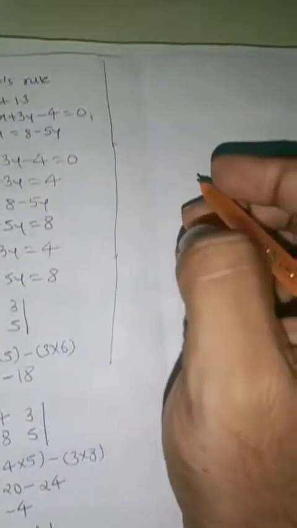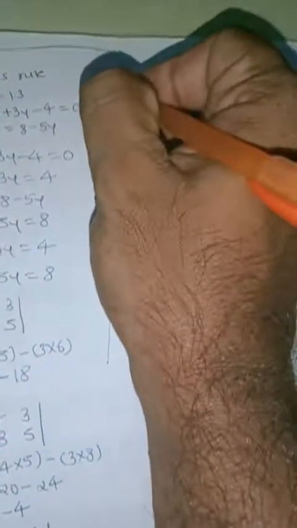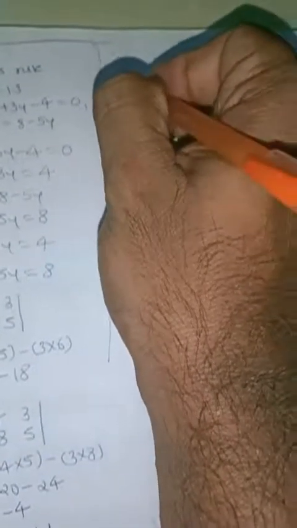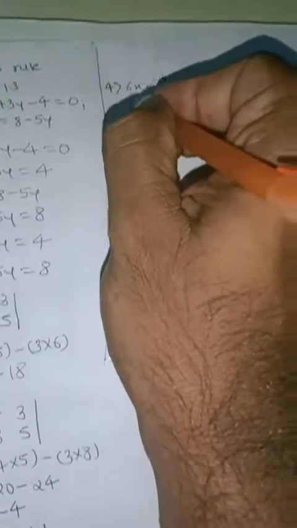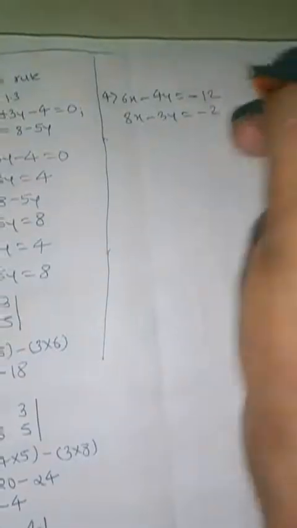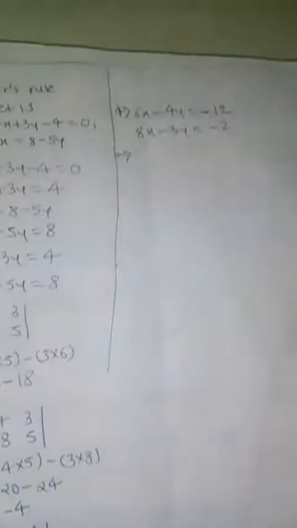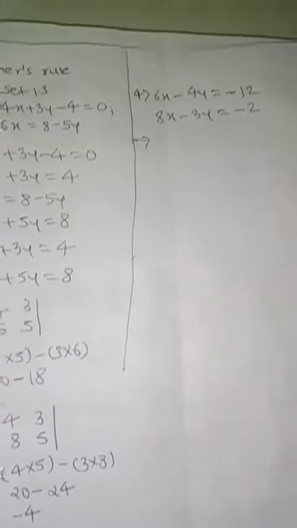Now take problem number 4. 6x minus 4y is equal to minus 12. 8x minus 3y is equal to minus 2. We have to solve this simultaneous equation using Cramer's rule.